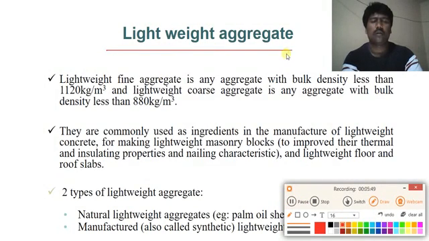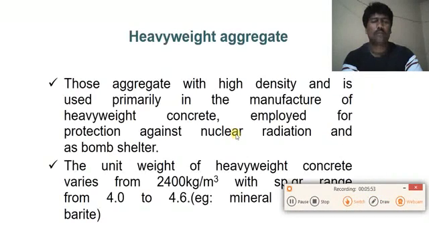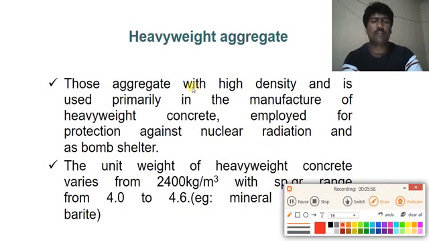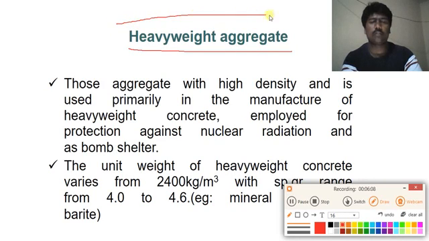In the next slide we will see the heavyweight aggregates. So here in heavyweight aggregates, it is quite opposite of the aggregate which we have studied in the previous slide, that is lightweight aggregates. Here the aggregates are very heavy.